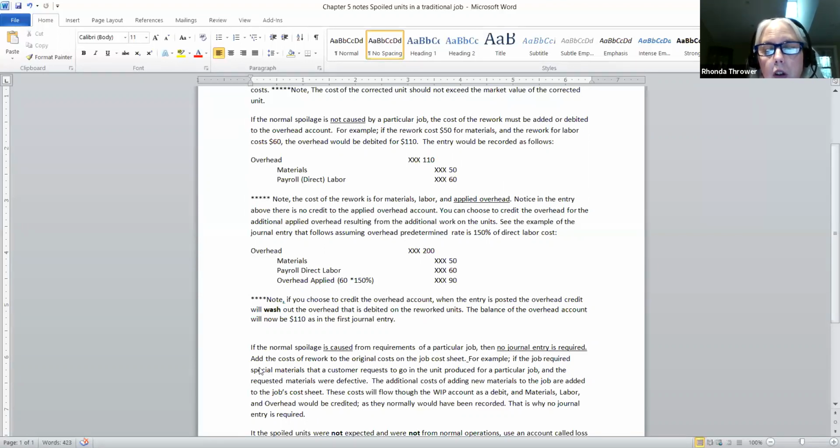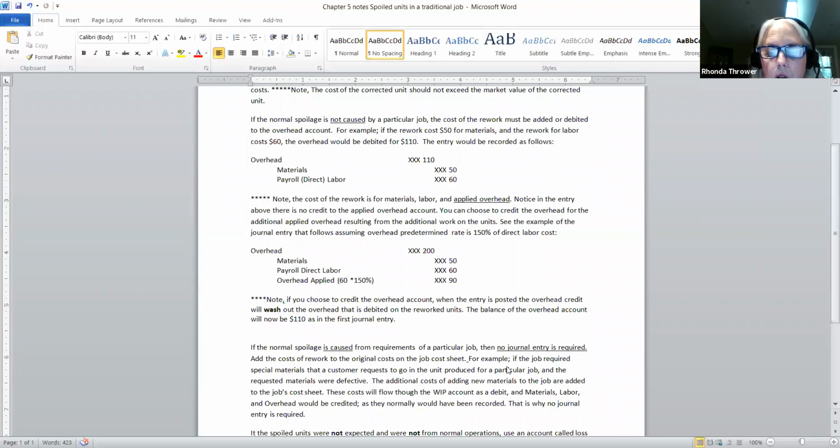What you're going to do is add the cost of the rework to the original cost on the job cost sheets. So you still had to rework the item, but you're just going to add it back to the costs that are on the job cost sheet.